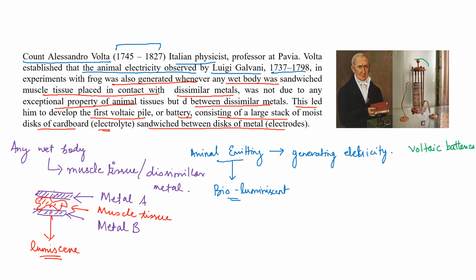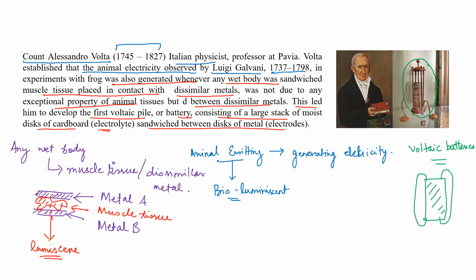See over here in this figure, they have given us the diagram of these batteries also. So in these voltaic batteries, what was the construction? We had an electrolyte solution stored here, and on both sides we have placed two metals.